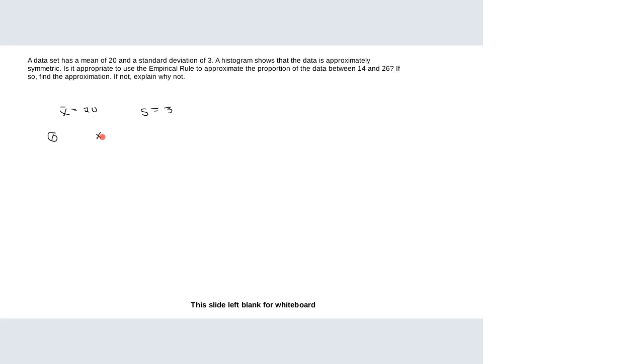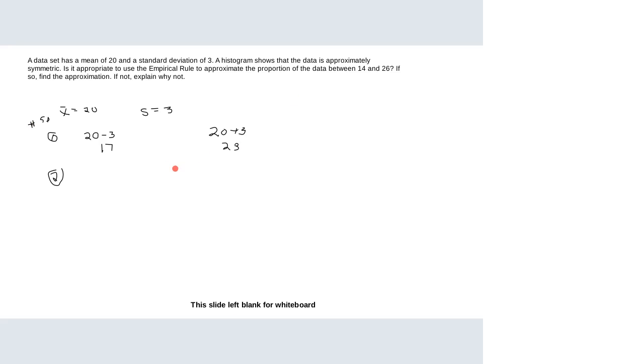So x bar, 20 minus 3 and 20 plus 3. So we got 17 and 23. This is 2. And this is just the number of standard deviations.